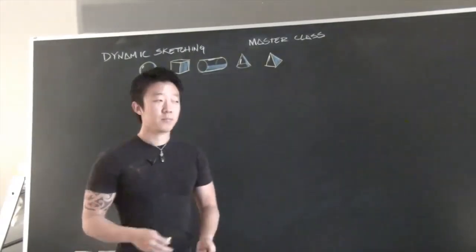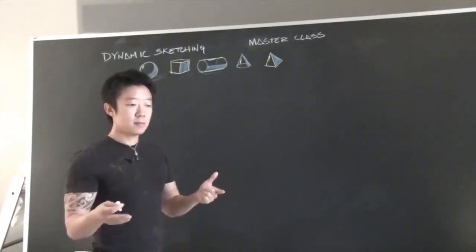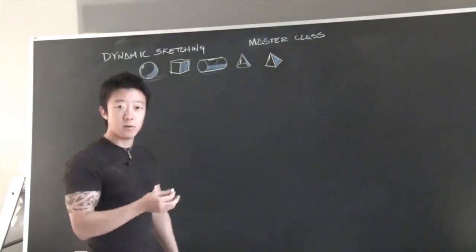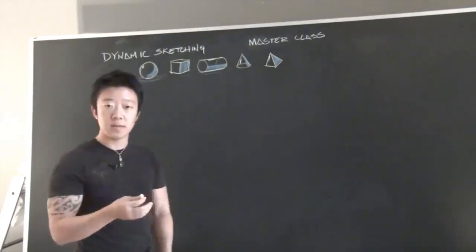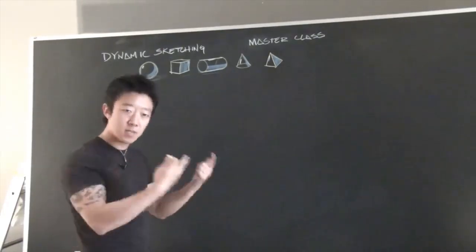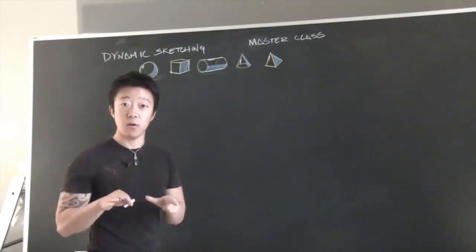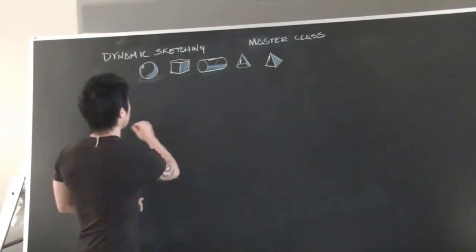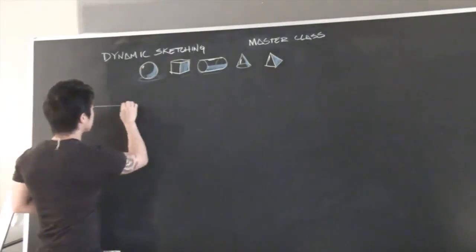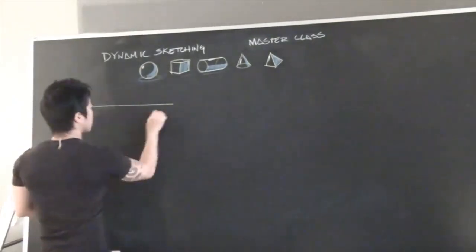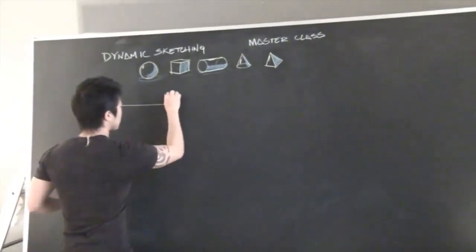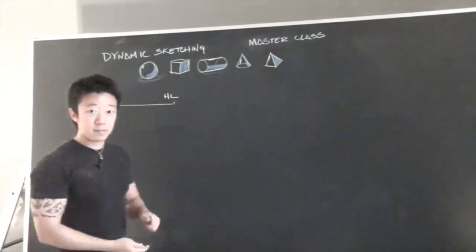Basic perspective. Obviously, things are going to a vanishing point. So if you guys know your perspective, you'll know exactly what I'm talking about. So just continue to listen on. But for those of you that don't know, first things first. Your horizon line.